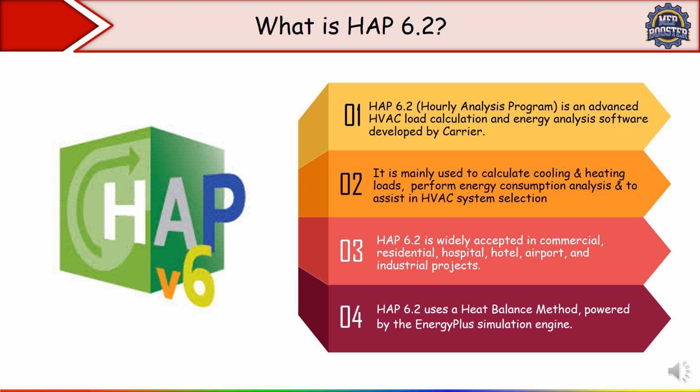So it calculates building heat transfer for every hour of the year and identifies the peak cooling and heating load. So this approach is much more accurate than manual or peak only conditions. Okay, so this is all about what is HAP 6.2.